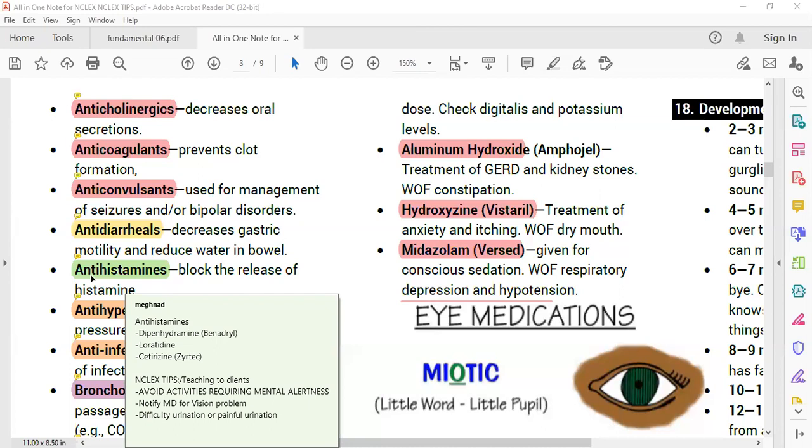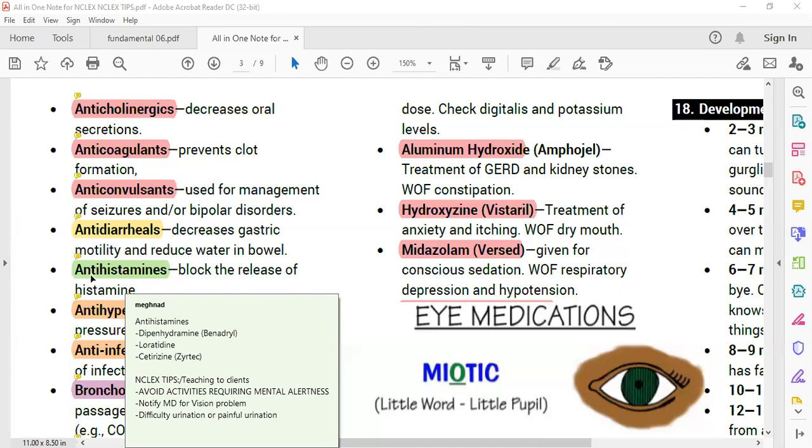It is good to take on an empty stomach because food blocks the absorption. It is the opposite of diphenhydramine. Loratadine will cause drowsiness, and if your patient needs to take loratadine, tell them to avoid alcohol.